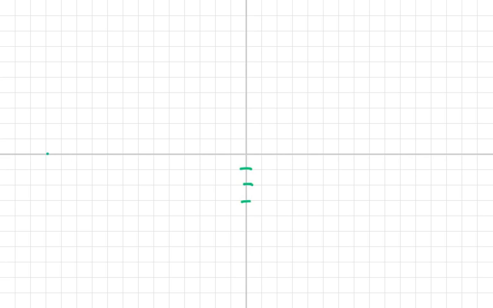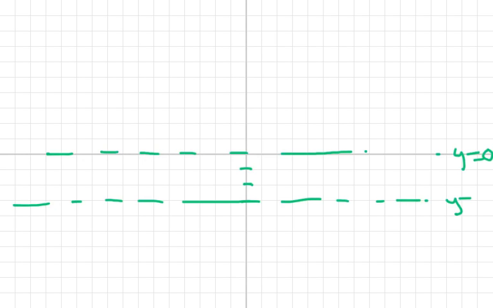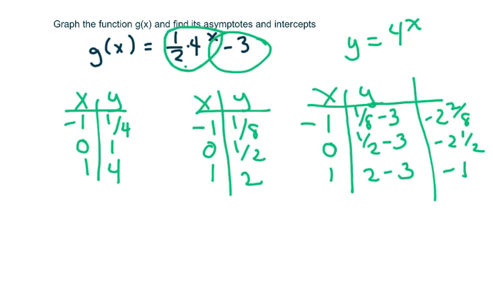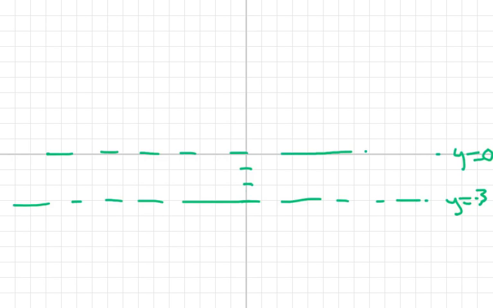So I had a horizontal asymptote originally at y equals 0. Now I have a horizontal asymptote at y equals negative 3 because it's a vertical shift down. My intercept is at 0, negative 2.5, which is about here.